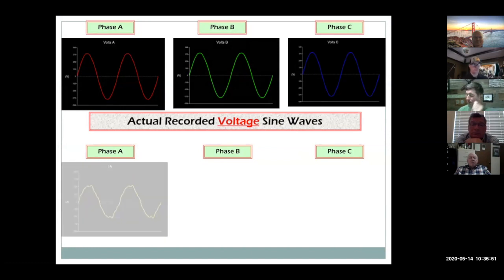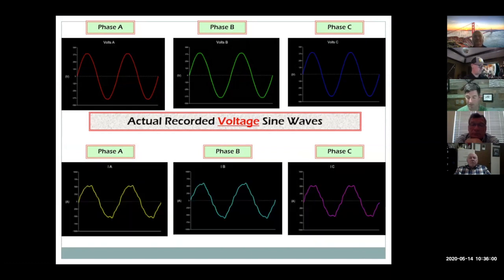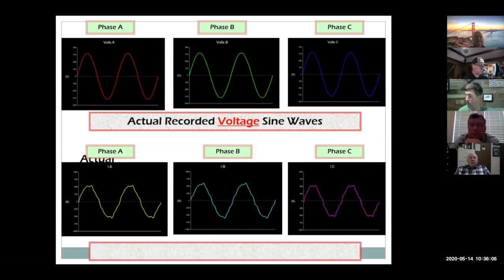So we have phase A, B, and C. And this is an actual recorded voltage reading, with the chart on the side: voltage going from 0 up to a peak, back down to 0, going off, coming down to a peak, and back up again, alternating. And then at the bottom, we're looking at the recorded amperage. And this is the amperage that was being supplied to the doctor's office at this particular time.